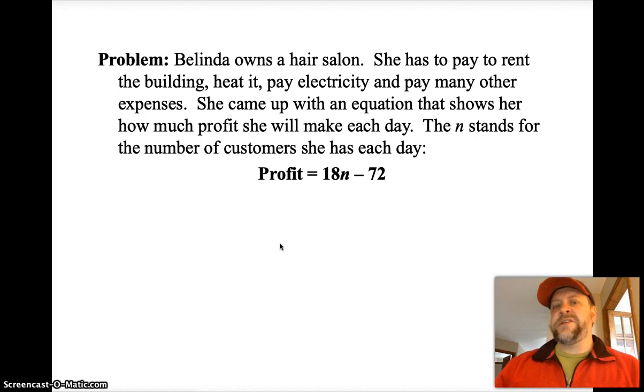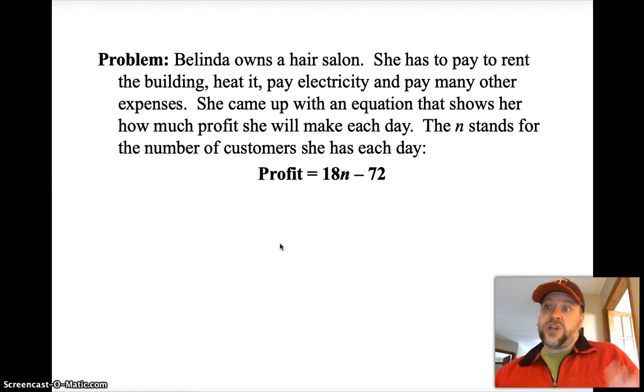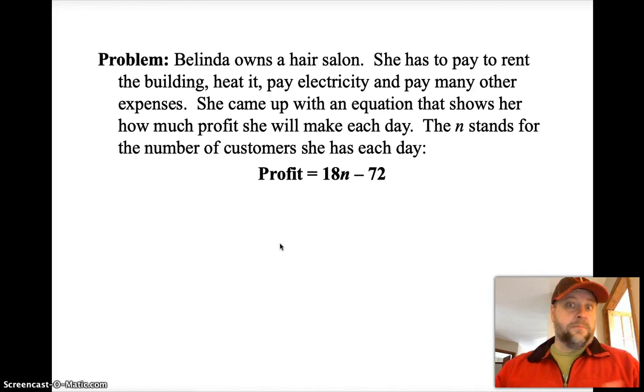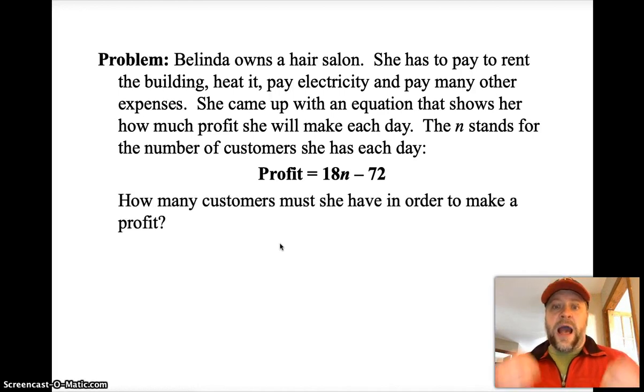So the minus 72 is how much she has to pay each day to run the building. And then the 18 is how much she charges each person. So we want to know how many people she has to have in order to make any money. So how many customers does she have to have in order to make a profit?